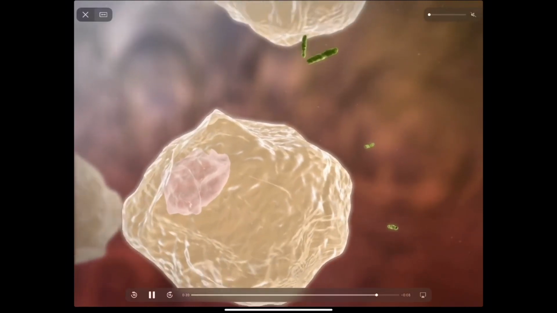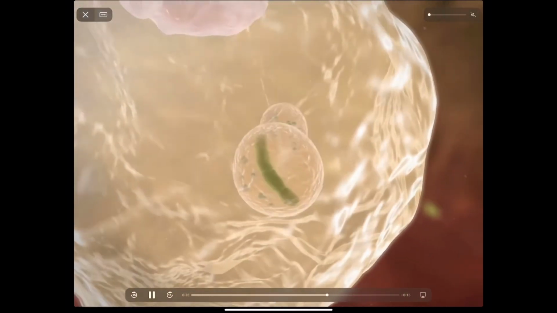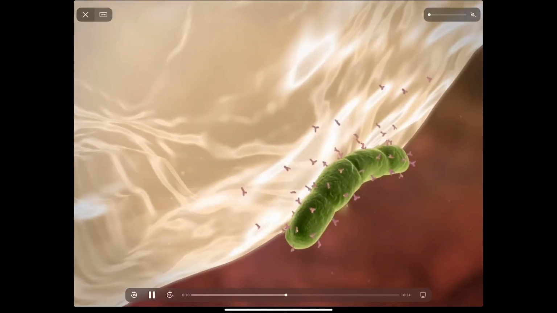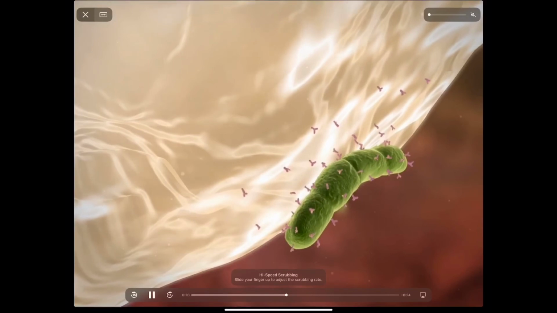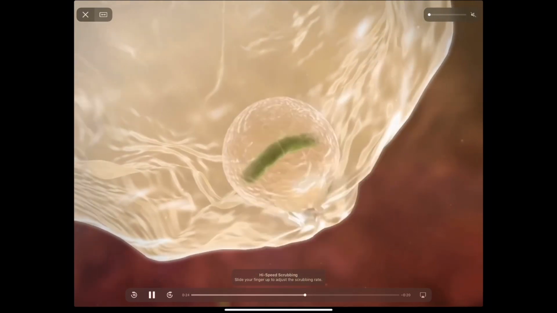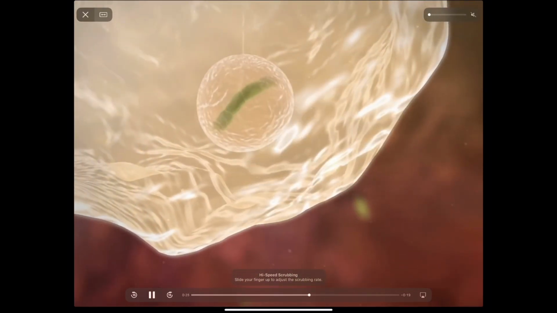So if we just look at that again, we can see that the pathogen, due to certain proteins on its surface, is recognized. So due to certain chemicals on the surface of the pathogen, it is recognized by the specific white blood cell, the phagocyte. This causes the phagocyte to engulf the pathogen and forms a vacuole by which it is enclosed inside the white blood cell.